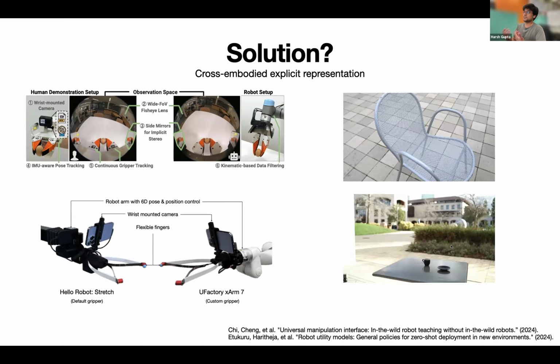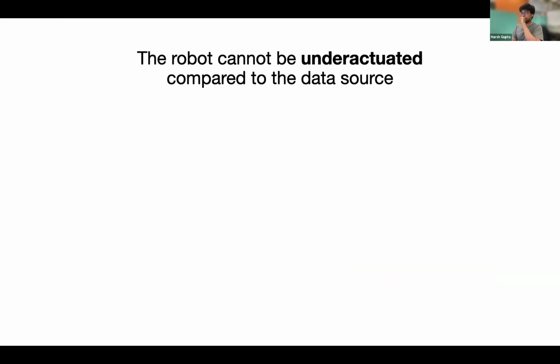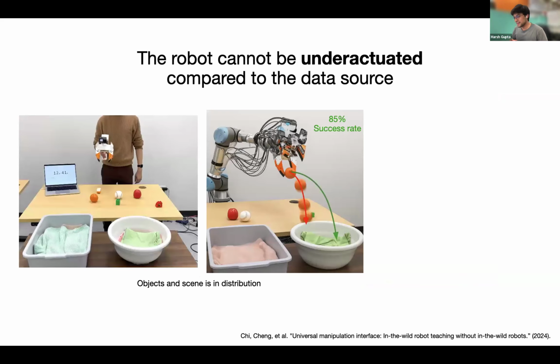And then because of the nature of the data, that you can collect it anywhere, you can also deploy the policies practically anywhere. But there's this unspoken rule that in a paradigm like that, your robot cannot be underactuated compared to your data source. And what do I mean by that?